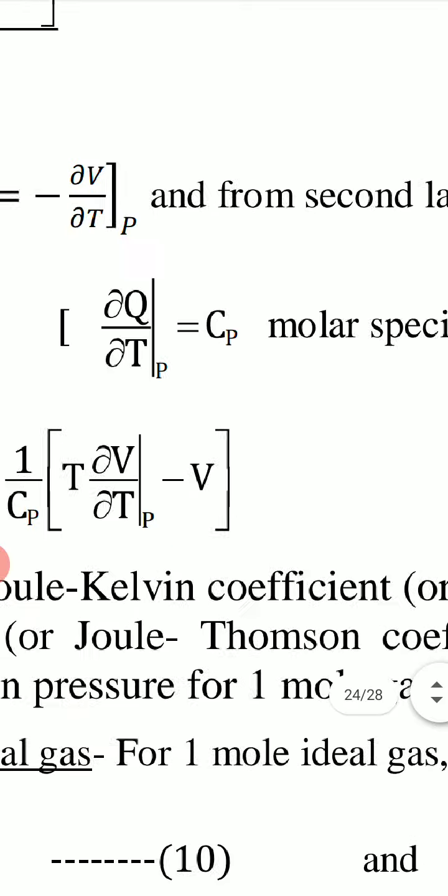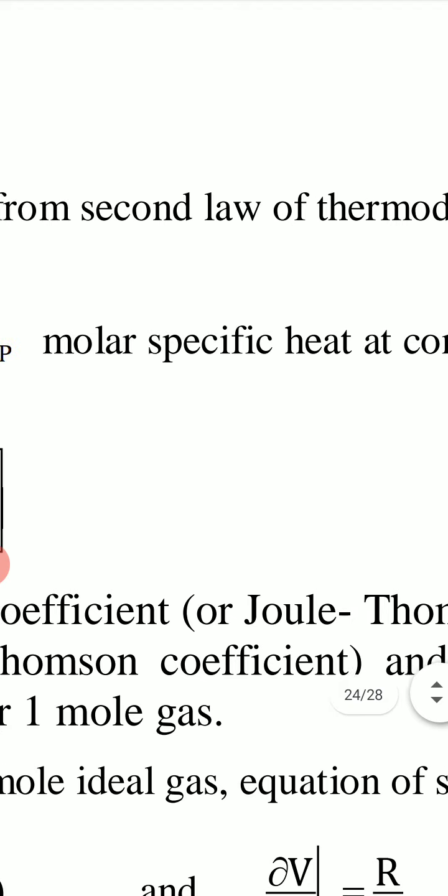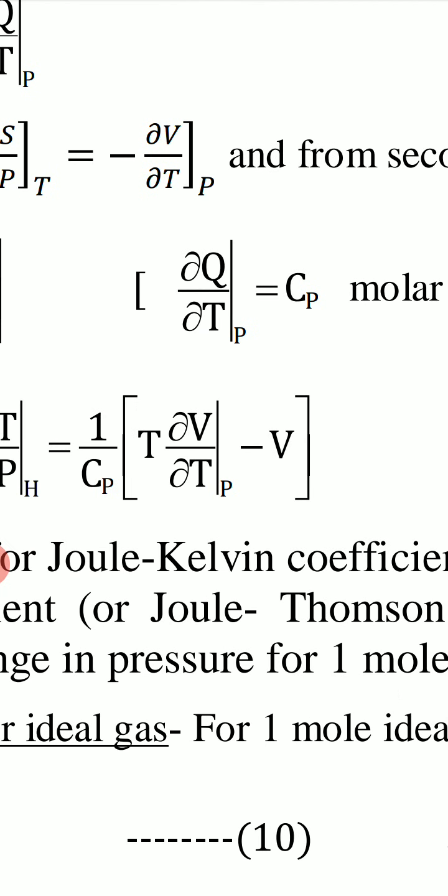And now ∂Q/∂T at constant P, it is Cp, molar specific heat at constant pressure. From the definition, dQ equal to m c dT, where c is specific heat. Then specific heat c is dQ upon m dT.